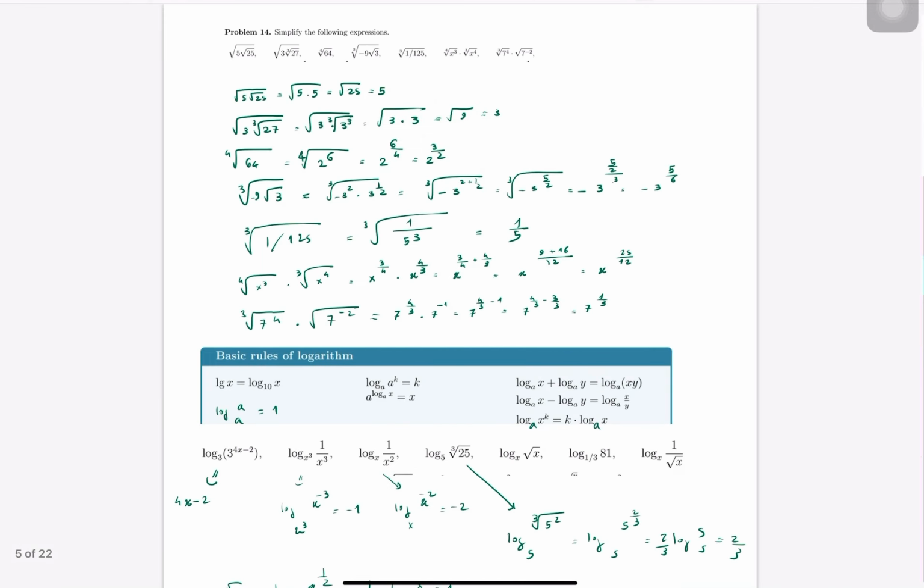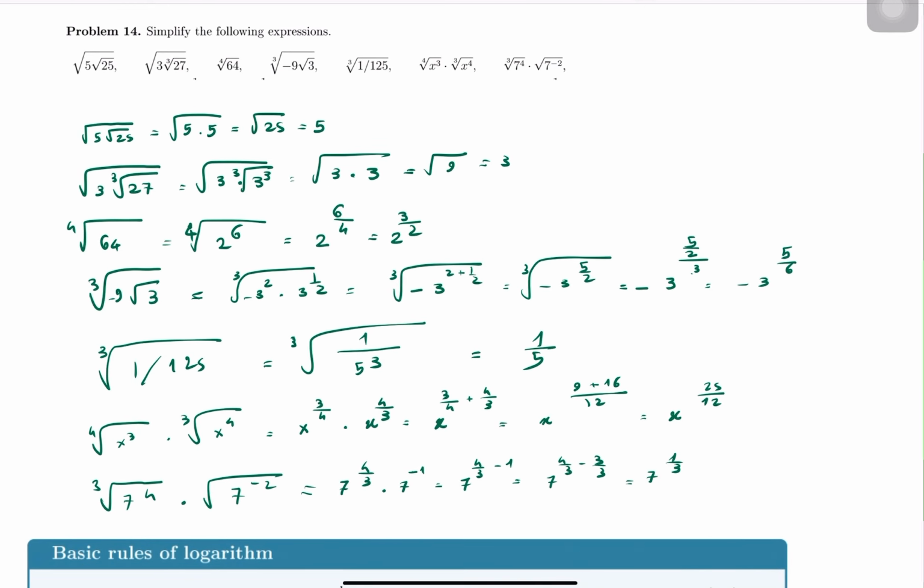Okay, I do an example here. For example, we have two radicals inside each other, radical 5 multiplied by radical 25. Radical 25 is 5, and we multiply these two numbers, 5 times 5, which is 25. Again we have a radical, it will be 5.